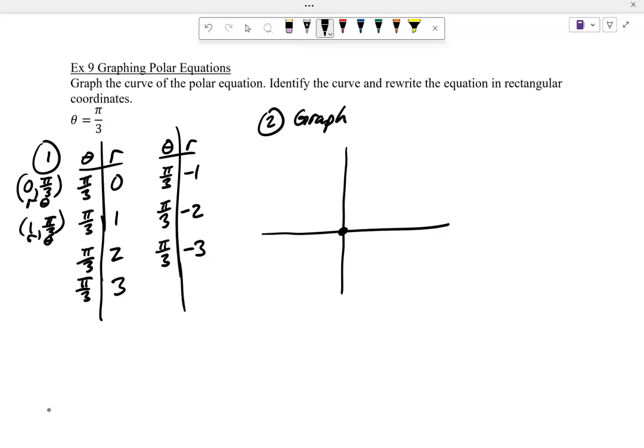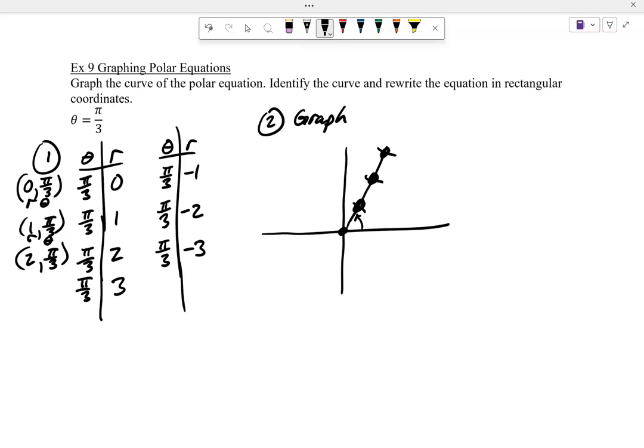So I'm rotating pi/3, and I'm going out 1. There's that point. Now I'm still rotating pi/3, but I'm going out 2 this time. Next point, I'm going out 3 this time, right?